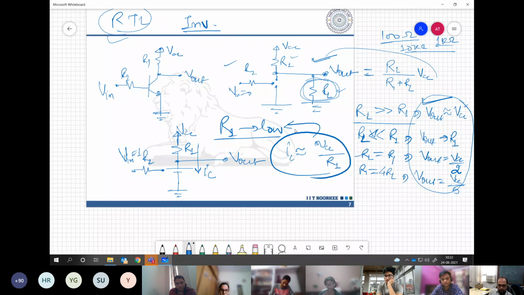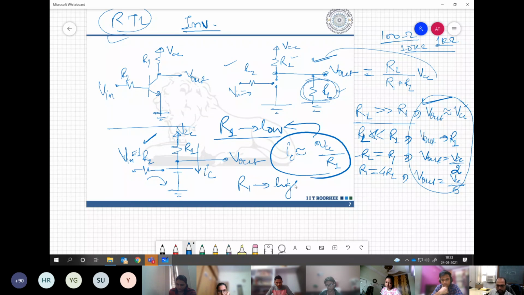Now if you apply the same condition, if you keep the R1 value very low, the collector current would be very high, isn't it? So what will happen? Then accordingly you need to adjust your base resistance. You need to pump much more current in the base to have the condition fulfilled for the saturation state. So what this saturation state is saying is that R1 should be reasonably high as well.